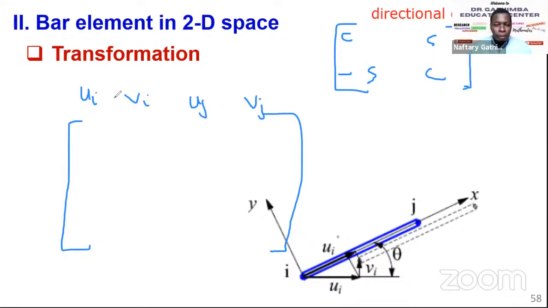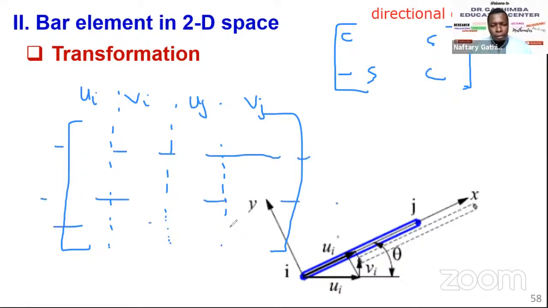You can use a pencil to demarcate, so that we are going to fill these cells: UI, VI, UJ, VJ.